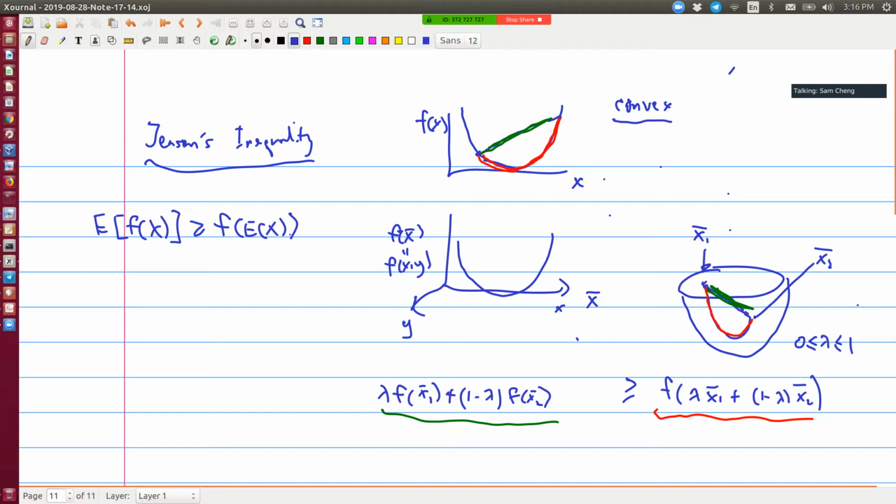I'm not going to prove this one, but we can pick some special case to think about that. It's kind of intuitive why this should hold.